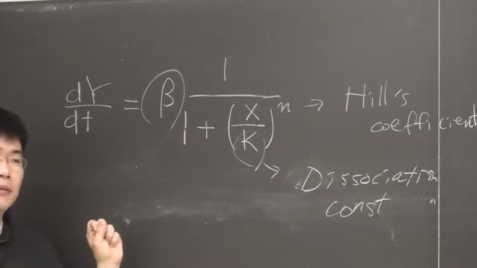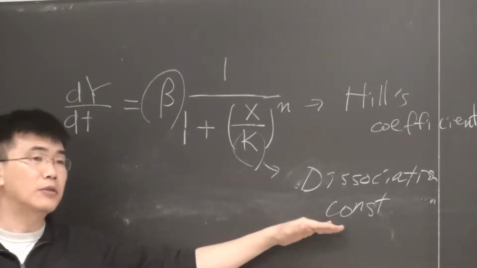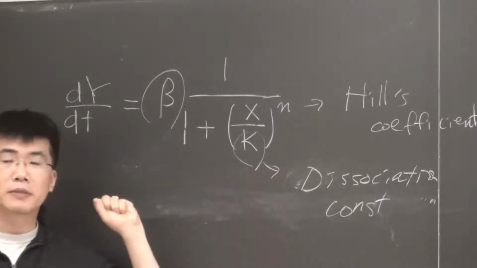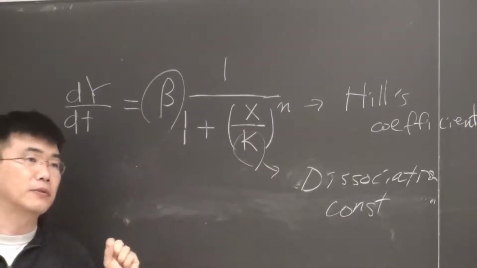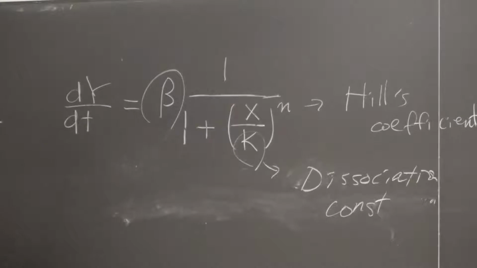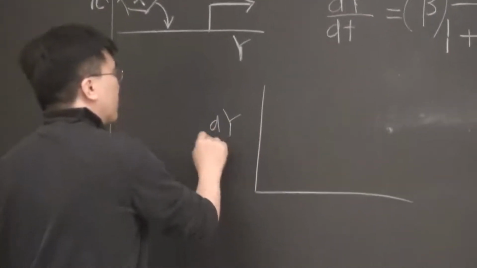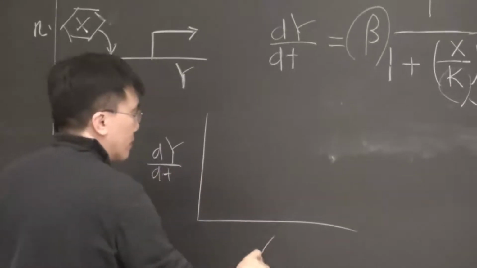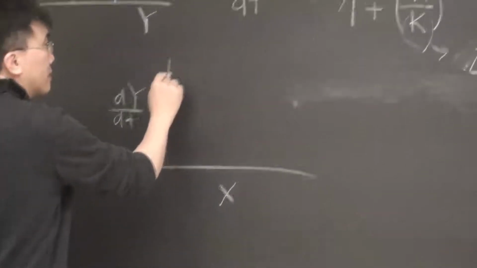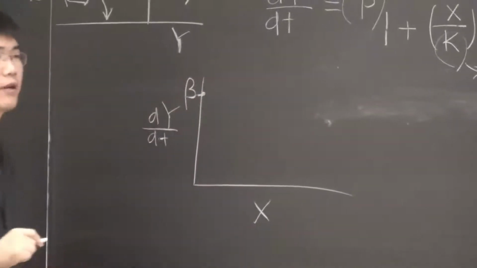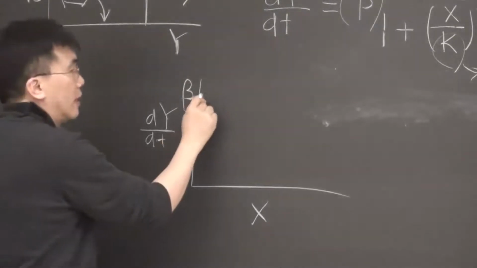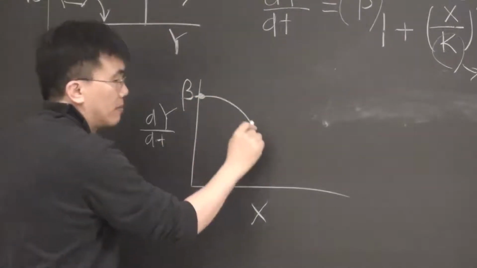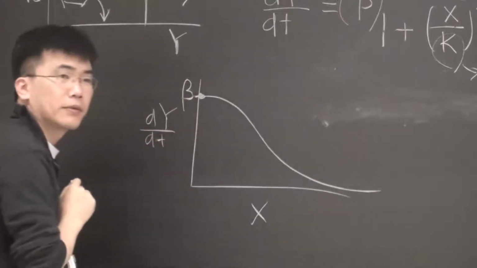Okay, so that is the concentration of the repressor at which the production rate drops by a factor of 2, and this function generally looks like this. It has a maximum value of beta at 0 repressor concentration, and it drops to 0 eventually.